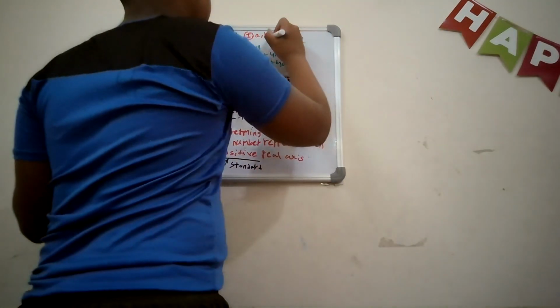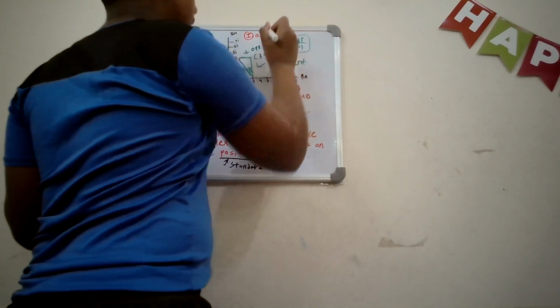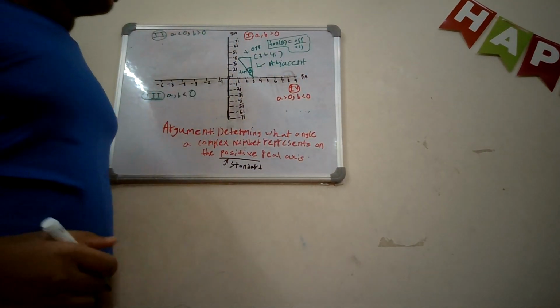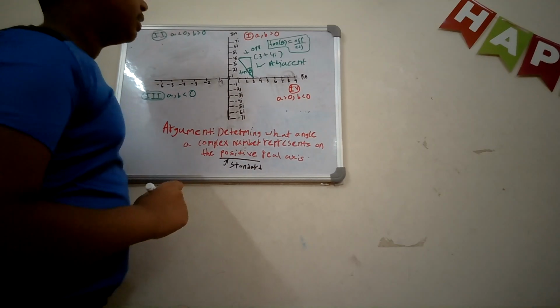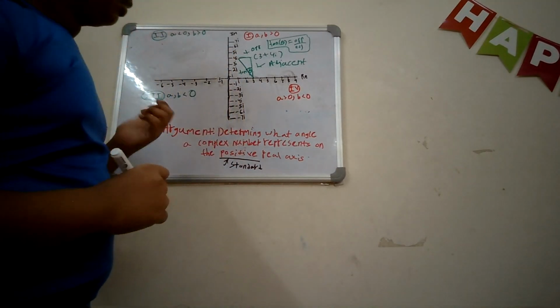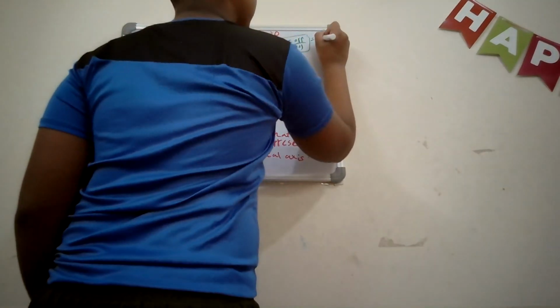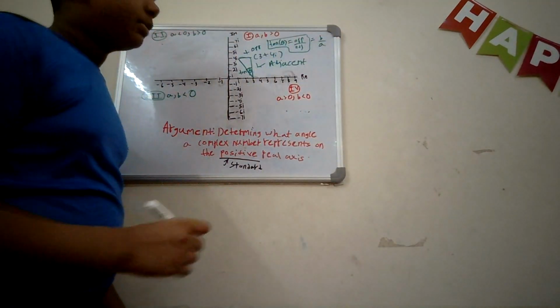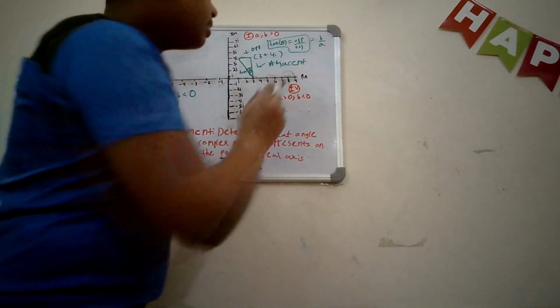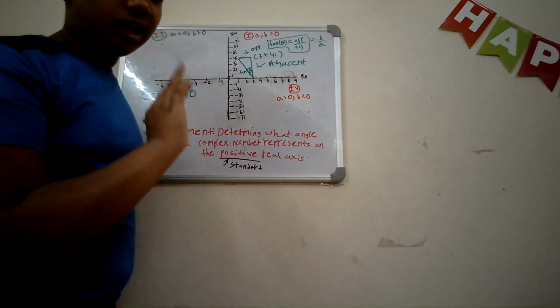And this is a very important formula because this helps us to find the argument. And look, in this case, the opposite side is b. We can simplify this as b over a, because b is the imaginary part, the coefficient of i, and a is the real part of the complex number.